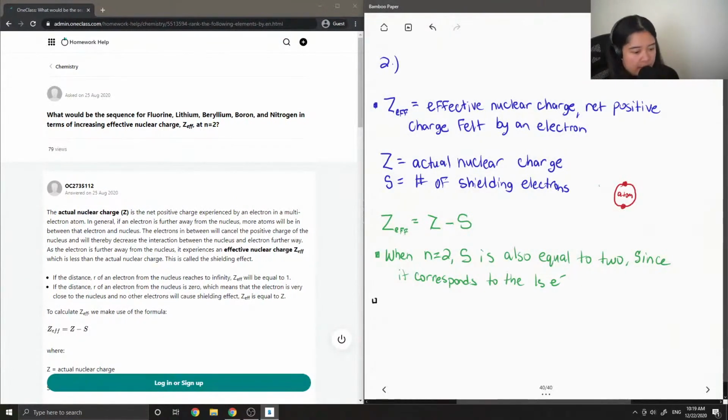So this depends on the number of protons that are in that element. And to find the number of protons, that is just the same as its atomic number.